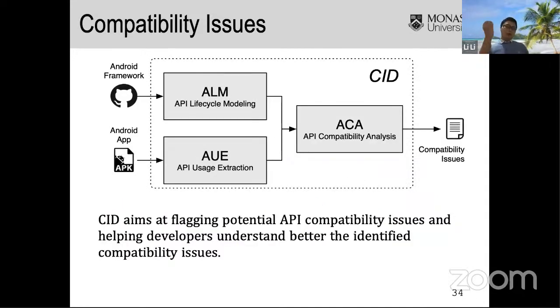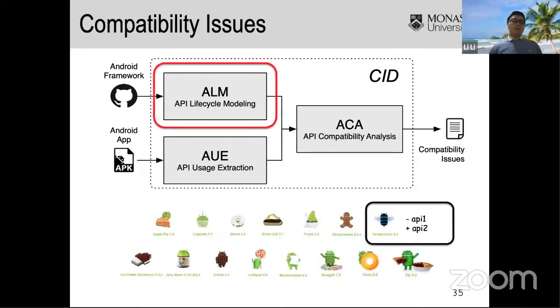And to tackle this problem, we designed and implemented a tool called SAID to automatically detect the compatibility issues in the bytecode version of Android apps. The SAID tool mainly takes 3 modules to achieve its purpose. The first module is called API lifecycle modeling.